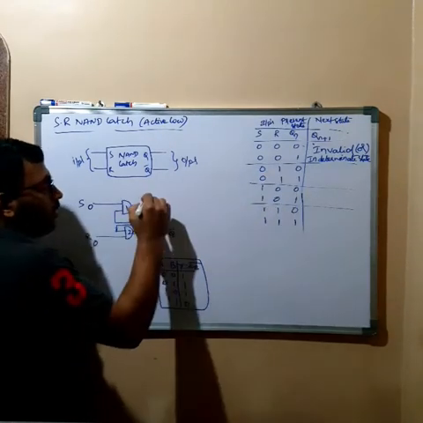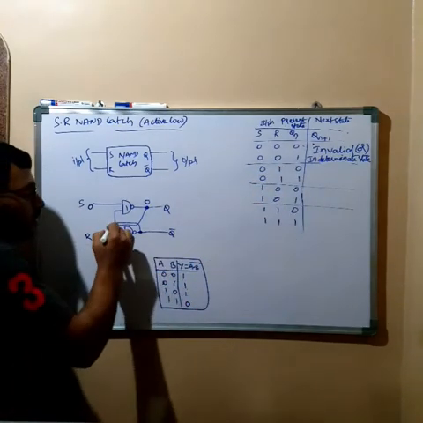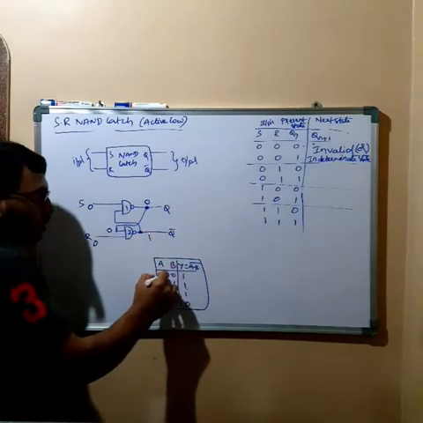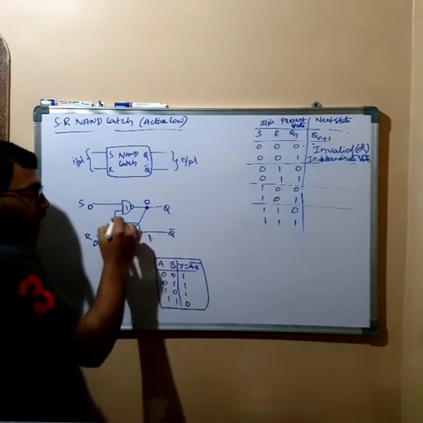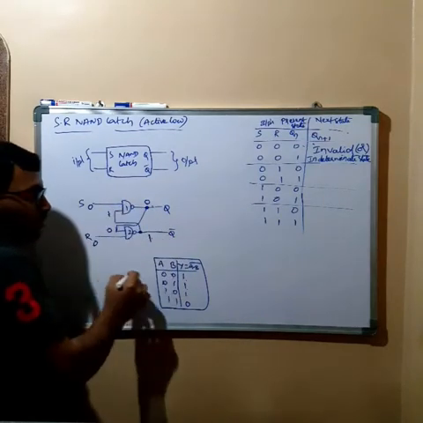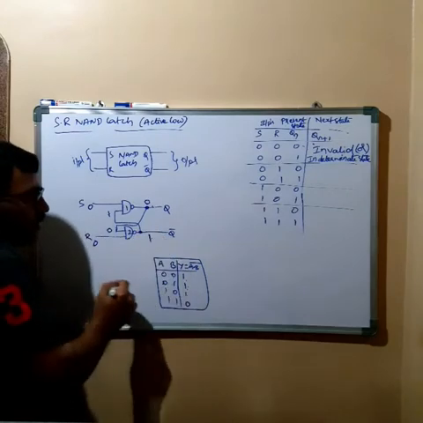Let us see the next case. S is 0, R is 1. The past output is 0. This will appear here, the complement of this is 1, 0 0 will be 1, you got 1 here. Again 1 is appearing here, 0 1 will be 1.